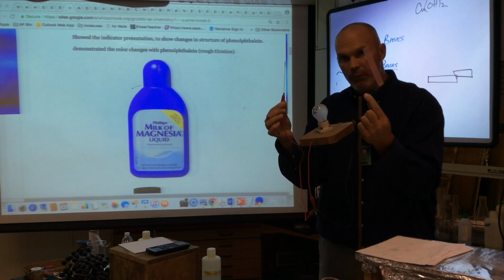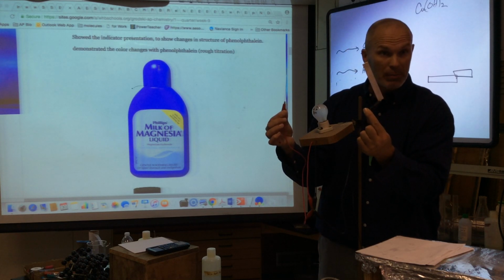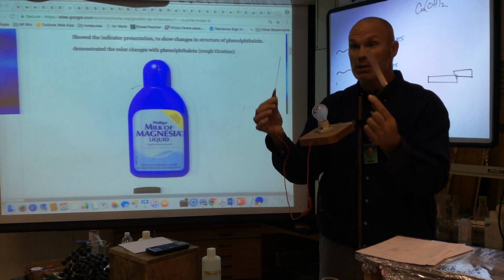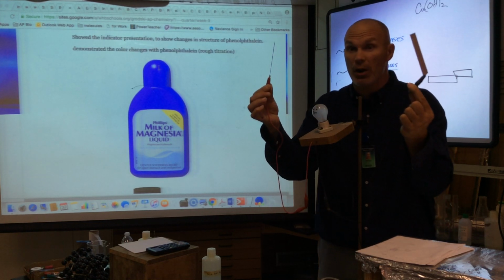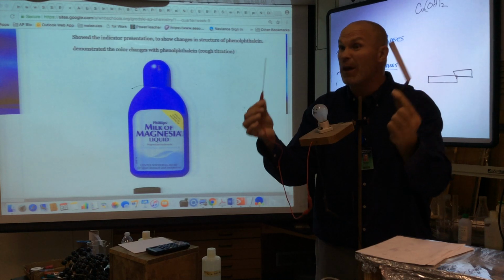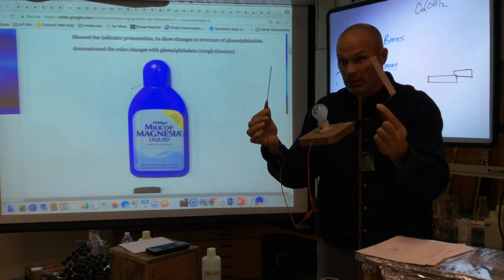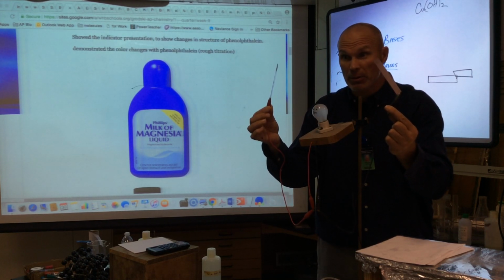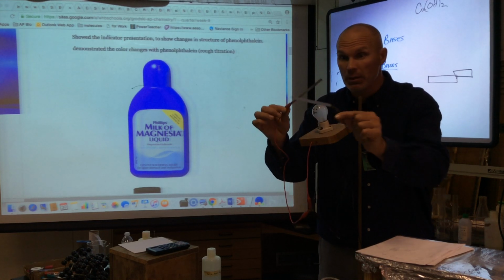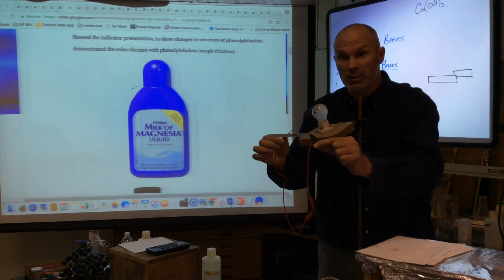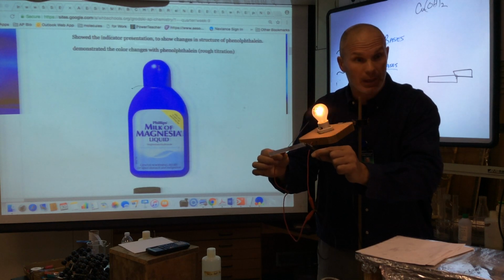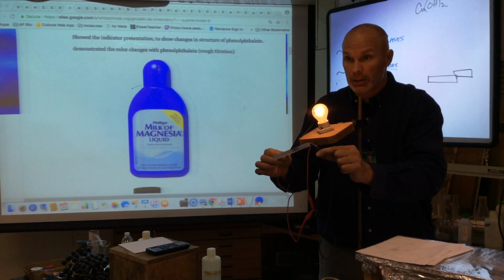Metals have what? Mobile electrons. We've talked about metallic bonding, right? So these electrons are able to move throughout this entire crystal. Electrons are able to be mobile because they're loosely held. So mobile electrons in metallic bonding cause what? Conduction of electricity.